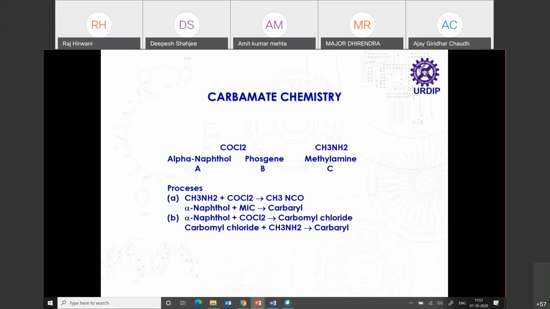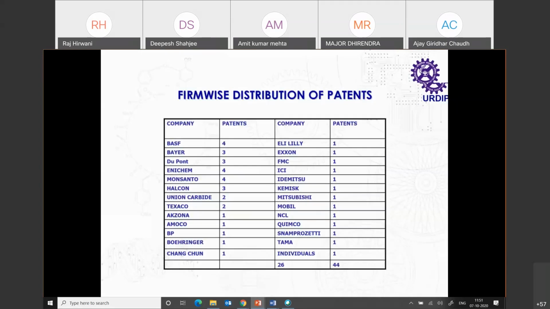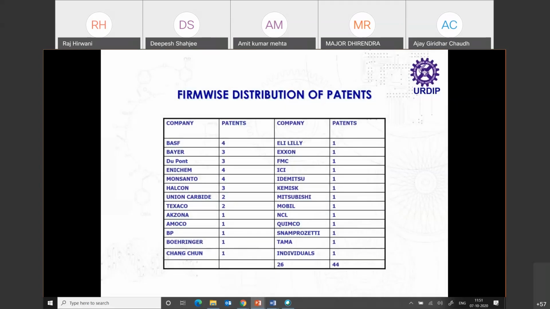So we wondered, chemistry is universal. If we are reaching the limits of chemistry, everybody must reach the limits of chemistry. 44 patents are already issued. Look at Bayer, DuPont, Monsanto, who is who of the chemical world?